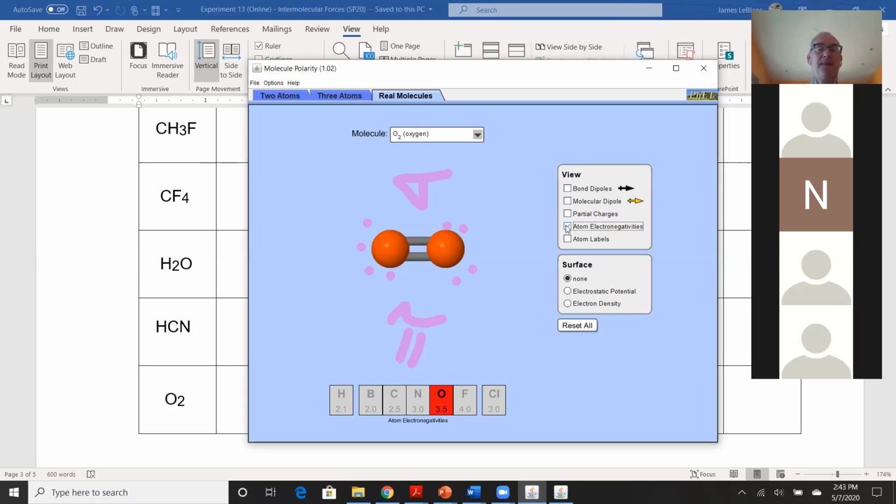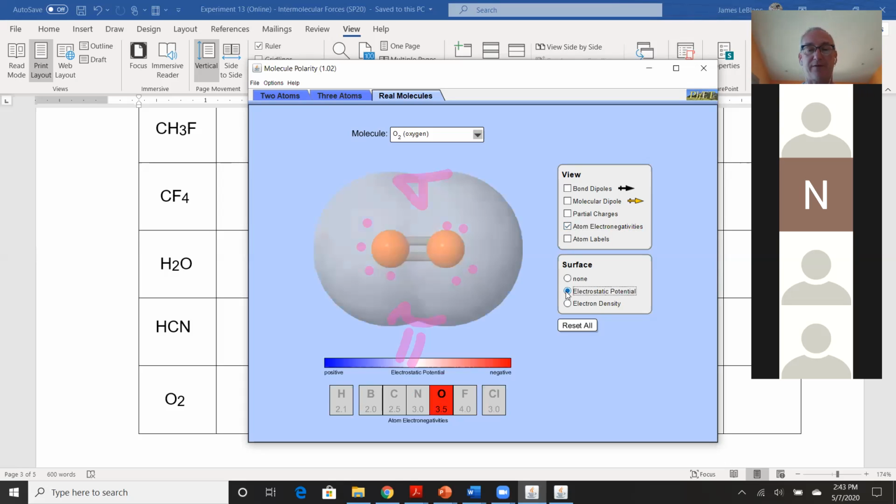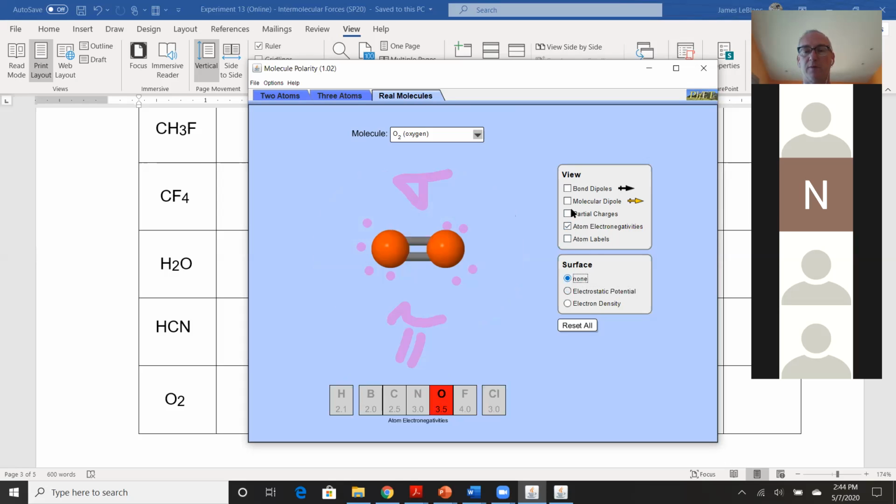That's a sure no. That's right. There won't be a bond dipole because both have exactly the same electronegativity. So they're both pulling on those electrons exactly the same. So when you look at the electrostatic potential, it's the same all the way around because they're equal. So we look at the bond dipoles, there aren't any. They're not pointing in one direction or the other direction.